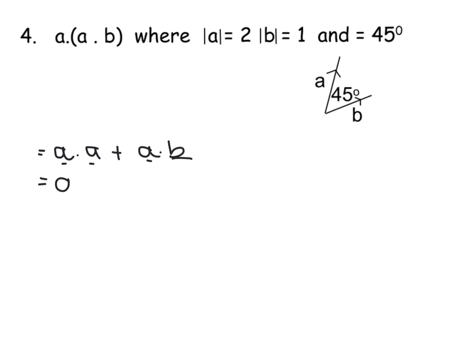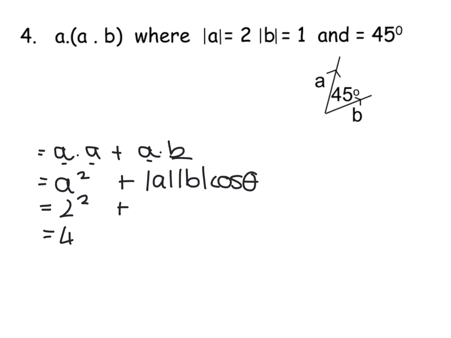Now A dot A is just A squared, and we're told that the magnitude of A is 2, so that would just be 2 squared, which is 4, just working down the way. A dot B can be written as magnitude A, magnitude B, and then cos of the angle in between. So that would be 2 times 1 from the question times cos 45.